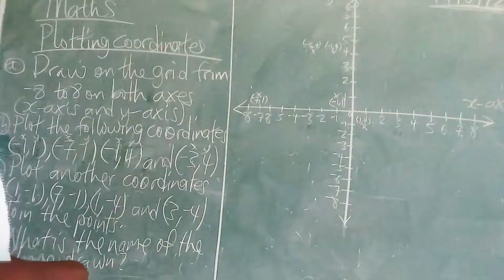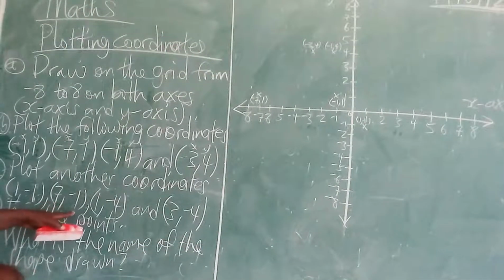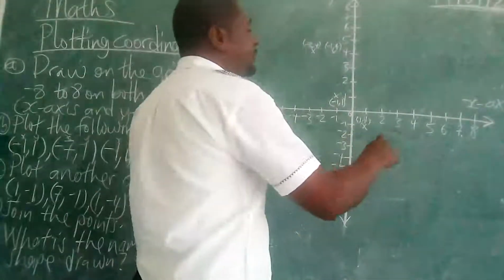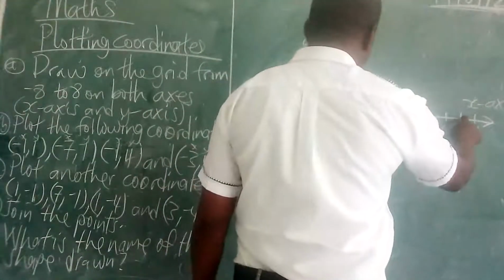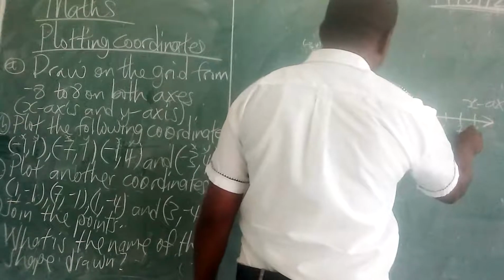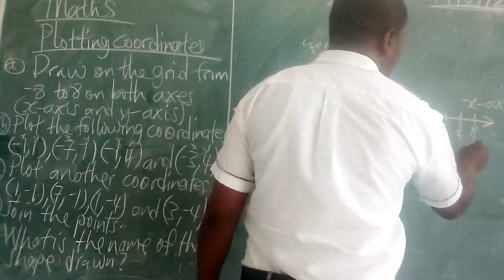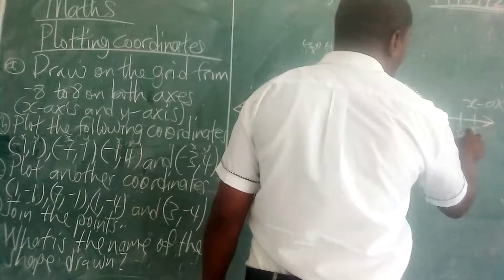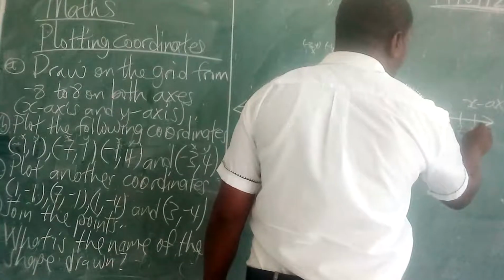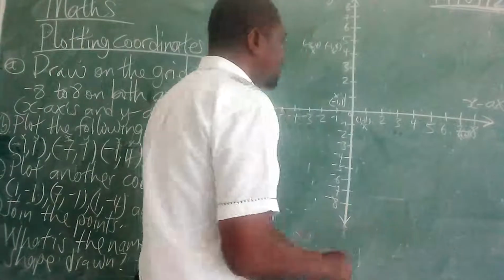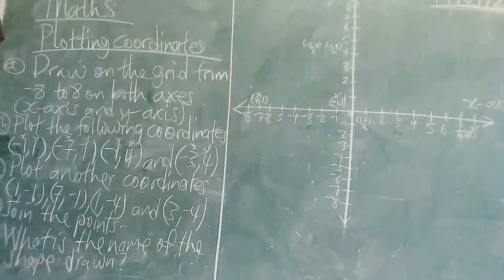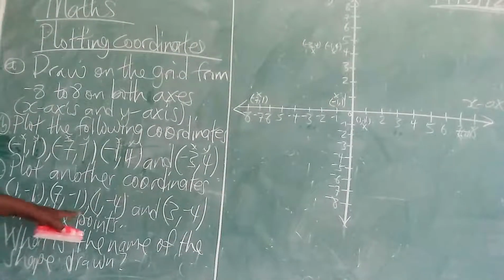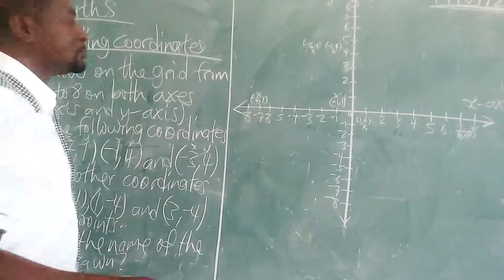Then we go to the next one. The next one is (+7, -1). So +7 on the x-axis is here, and then -1 here. They meet at this place. So we have (+7, -1) here. Then we go to the next one. The next one is (+1, -4).